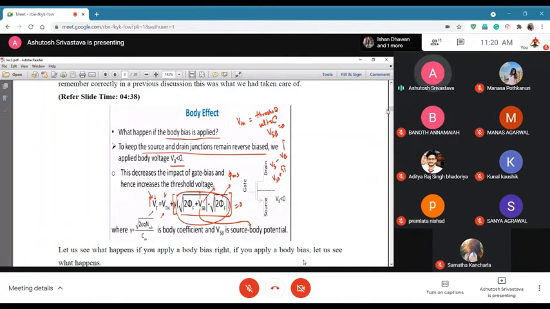This factor gamma is the square root of 2 epsilon q N substrate, the doping of the substrate, upon the oxide capacitance. This is also called the body coefficient, and VSB is the source body potential. Please note down.